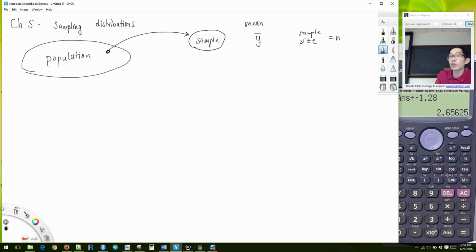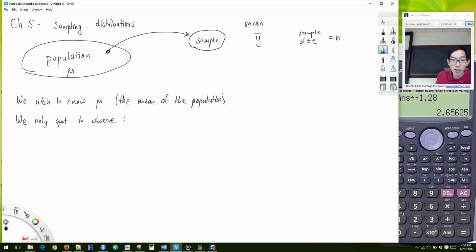How good of an estimate is it of the population mean mu? So we wish to know mu, the mean of the population, but we only get to observe y bar. And so we're hoping y bar is a pretty good estimate of mu.